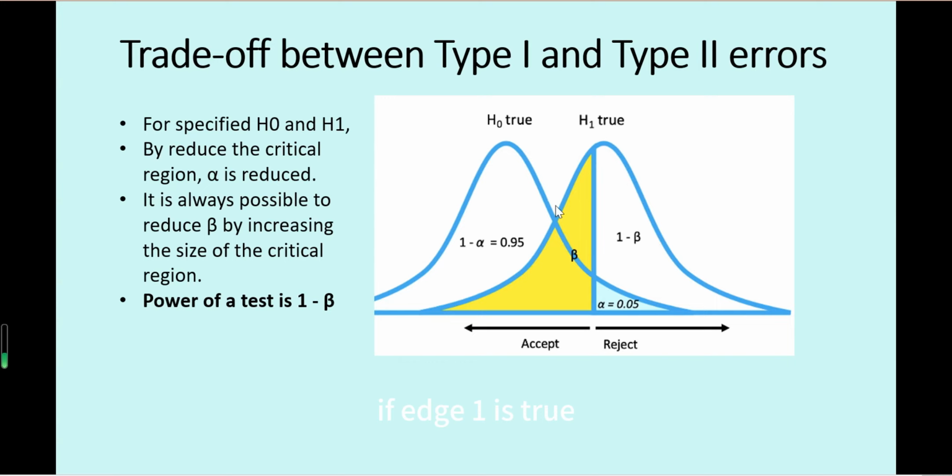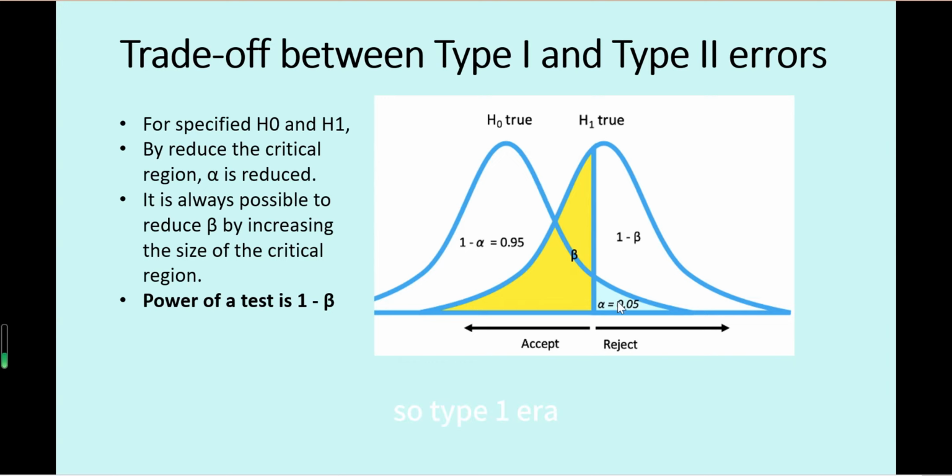If H1 is true, the density has this other shape. This one has a mean of about 0.5 and this one a mean of about 0.25. This vertical line is the critical rule. If less than this value, we hold H0; if higher than this value, we hold H1. The blue area is called the type 1 error, and the yellow area is the type 2 error, beta.